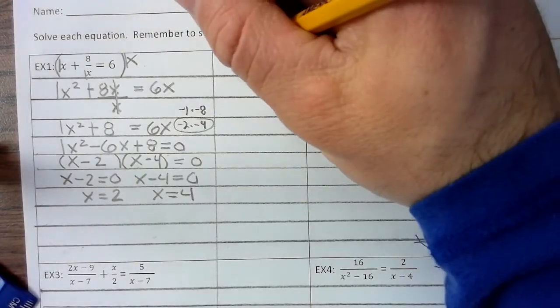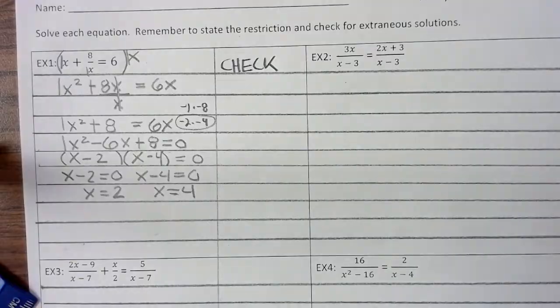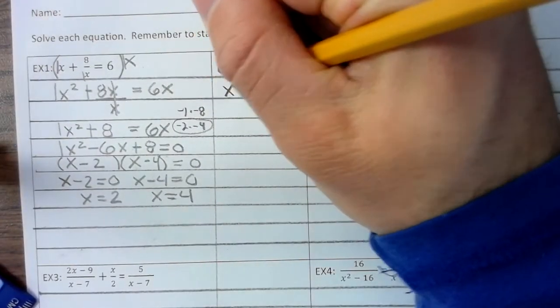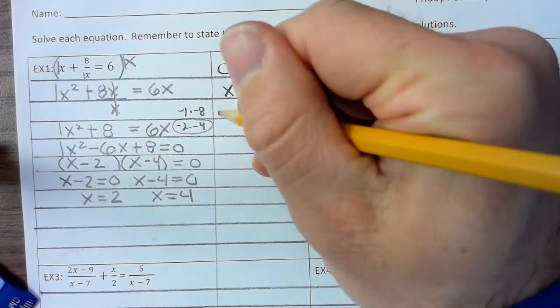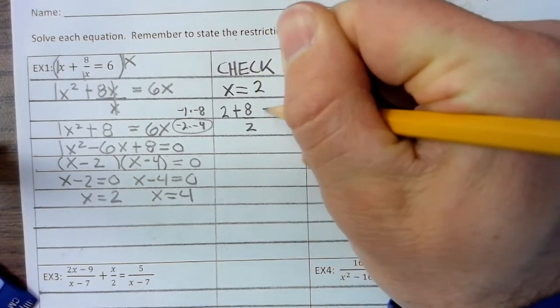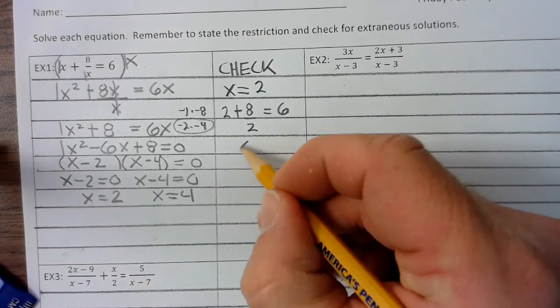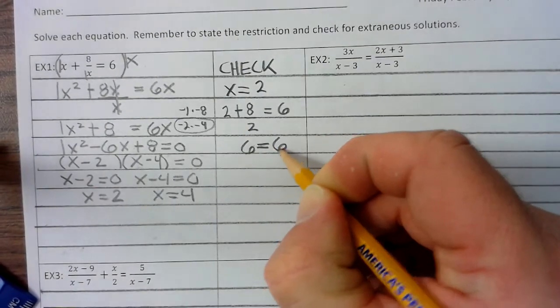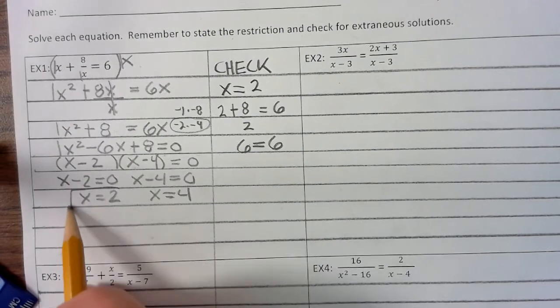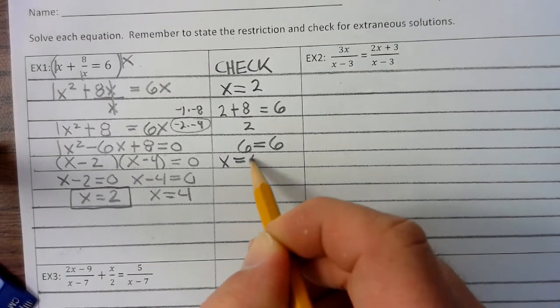Okay, at this point we want to check. So let's check x equals 2 first. So you have 2 plus 8 divided by 2 equals 6. Well, 8 divided by 2 is 4. 4 plus 2 is 6. So 6 equals 6. So x equals 2 is a solution. Now let's check x equals 4.